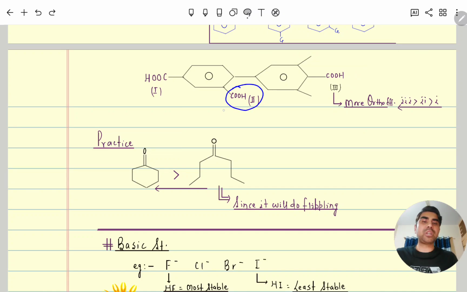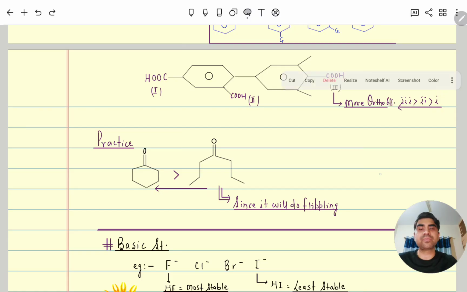Here also, with respect to this, you can see it is ortho-substituted. So here 2 is ortho-substituted, so relatively we can say more acidic strength. Then after that, here and here, at last, because the aromaticity will be disturbed. One possibility is there. So which one is the answer? Third, then second, at last first.